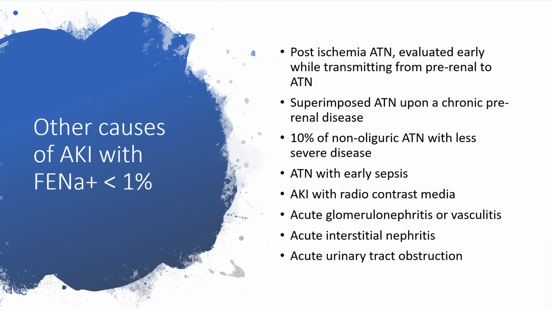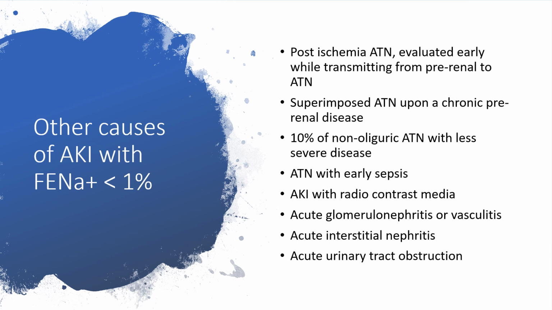Other causes of acute kidney injury with fractional excretion of sodium less than 1% could be post-ischemic acute tubular necrosis. Because some believe that once the value is less than 1%, it is pre-renal.